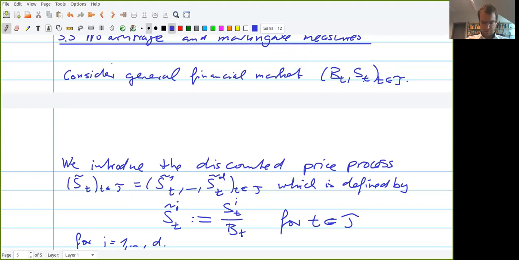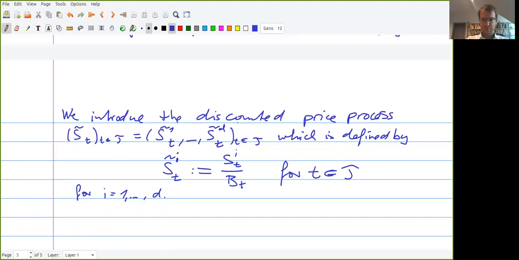Okay. All right. So this is the definition of the discounted price process here.